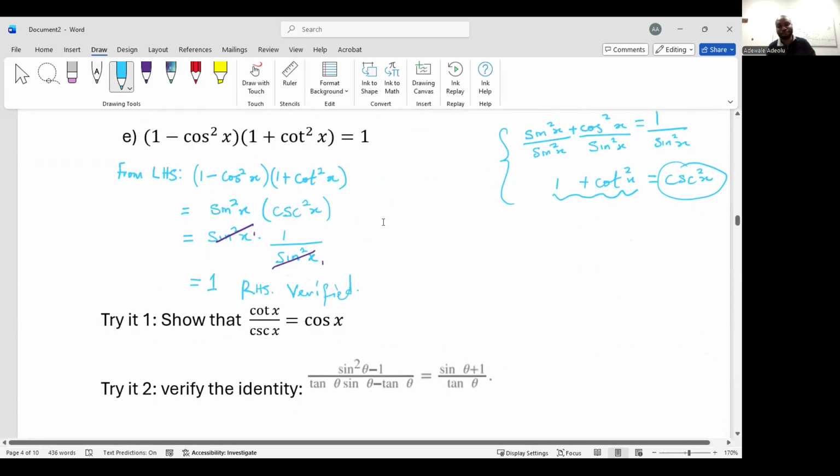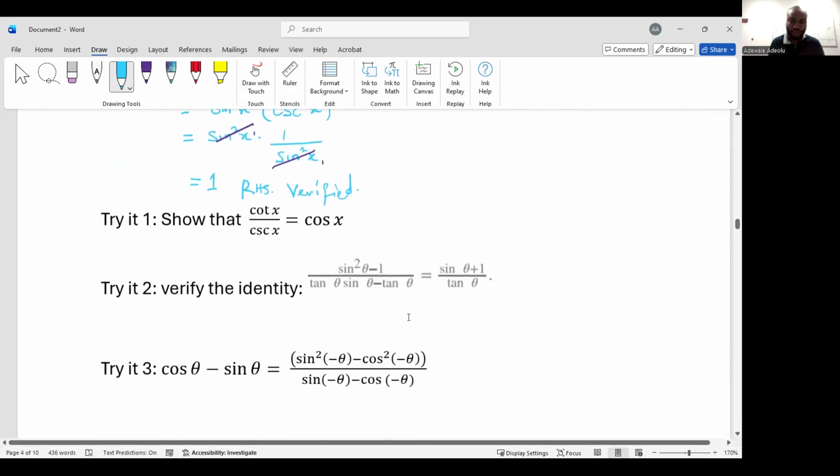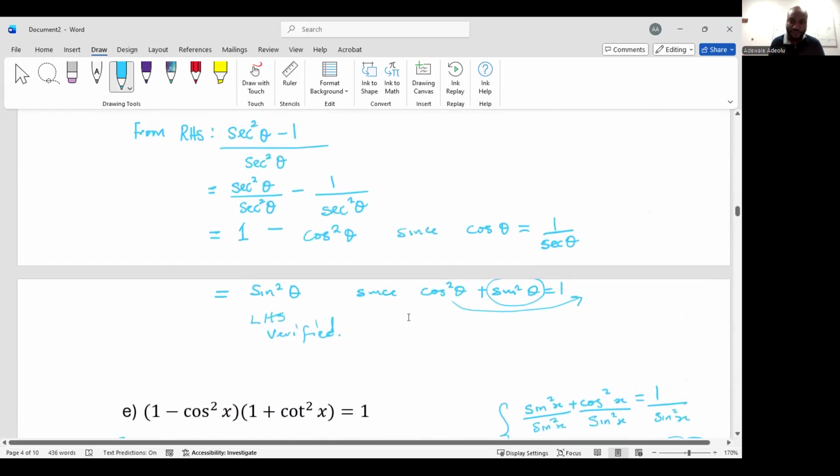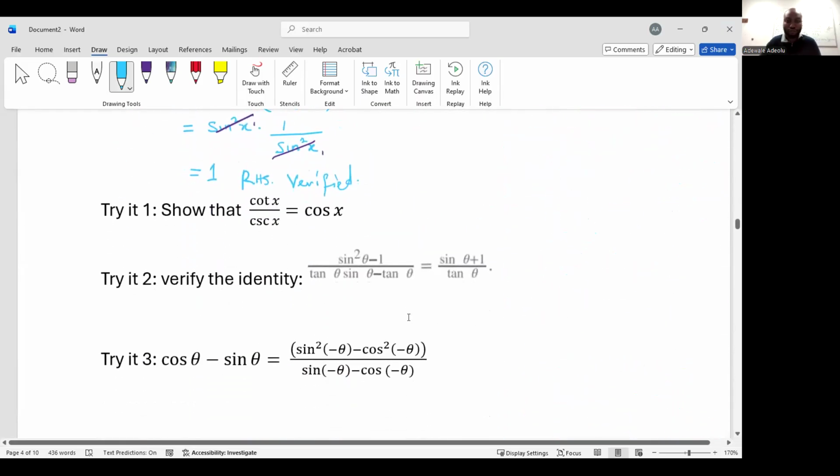So you can see how all these basic identities are coming together to help us simplify this complicated trigonometric expression. So you should pause this video now and try these problems.